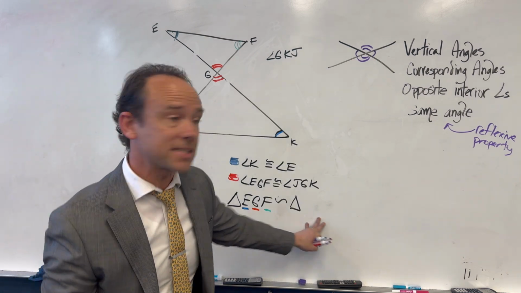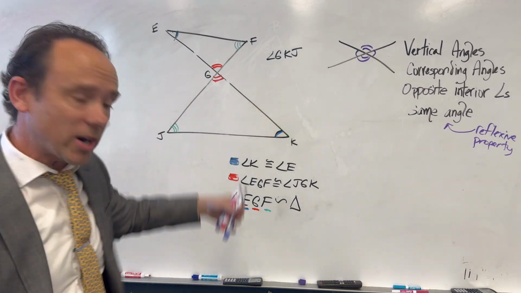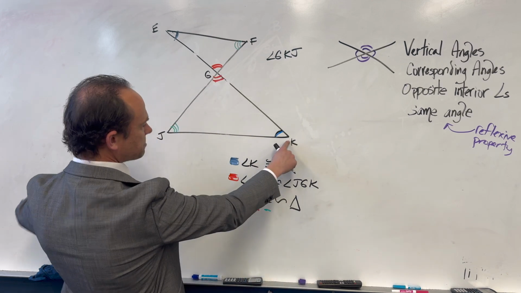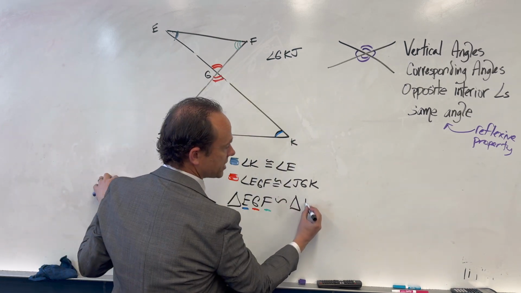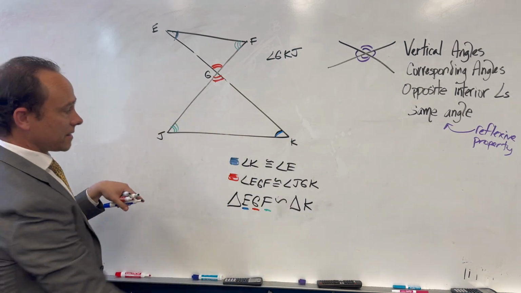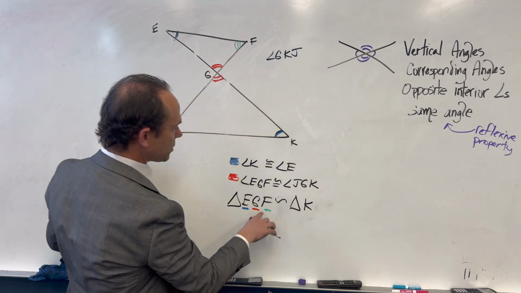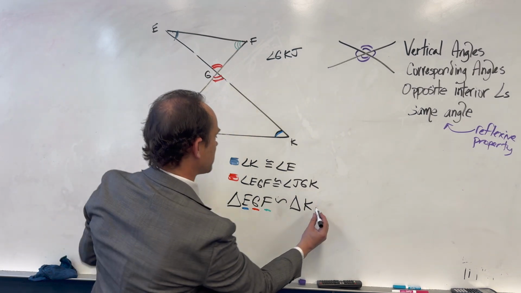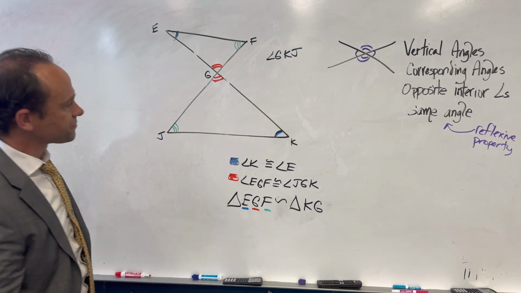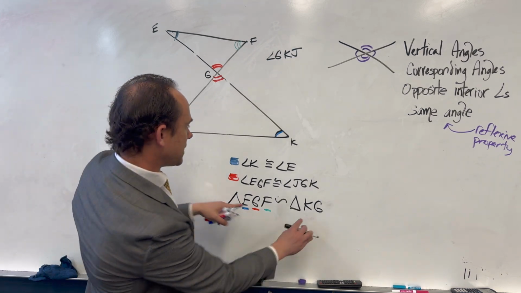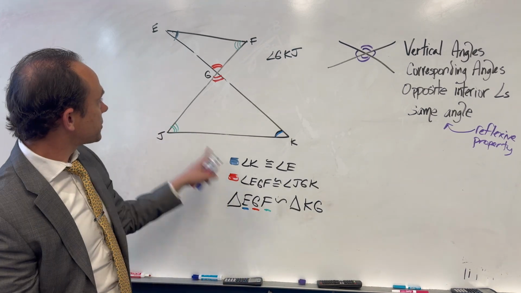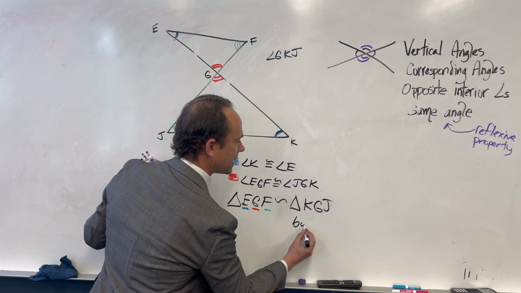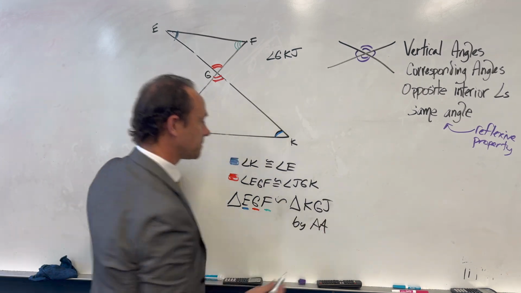So I have to go in that same order for this bigger triangle. So let's do it. I'm going to start with the corresponding angle to E, which is K. Then moving on to the corresponding angle for G, which is the G in the other triangle. So it's G. And then we're going to end with the green, so we're going to be here at J. And by angle, angle.